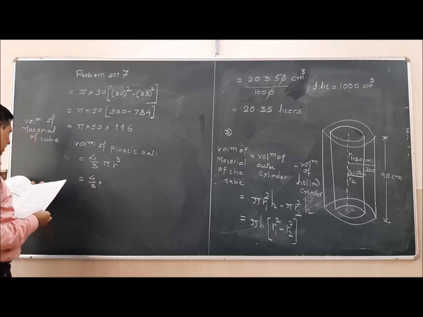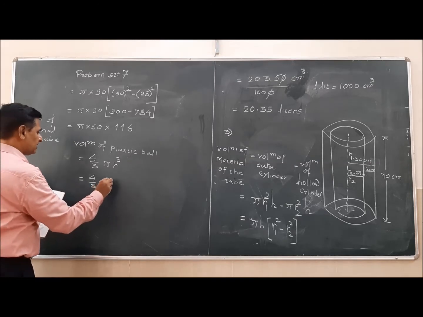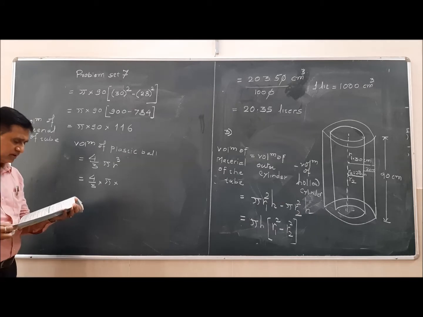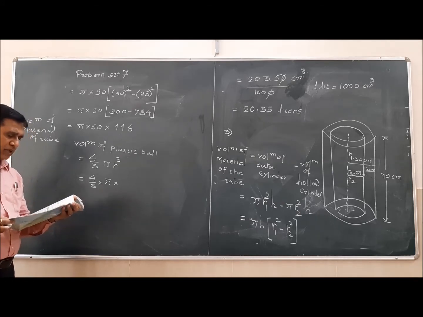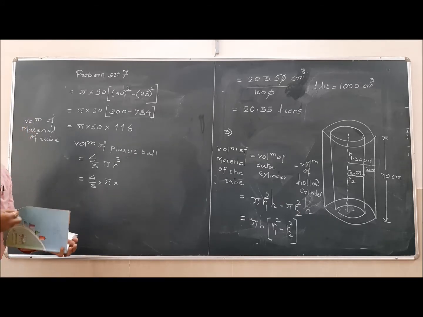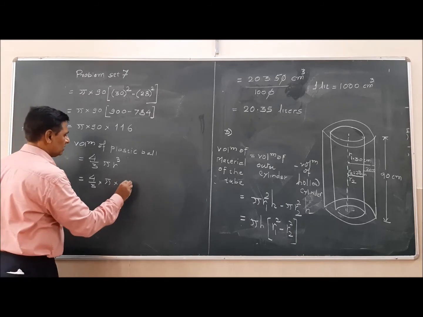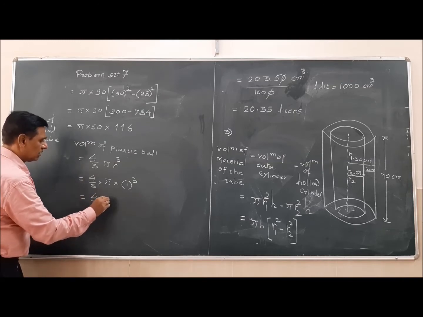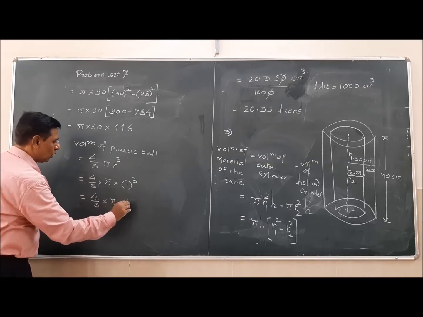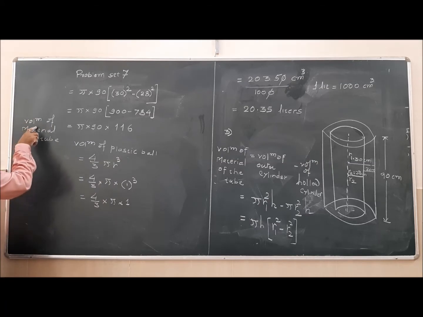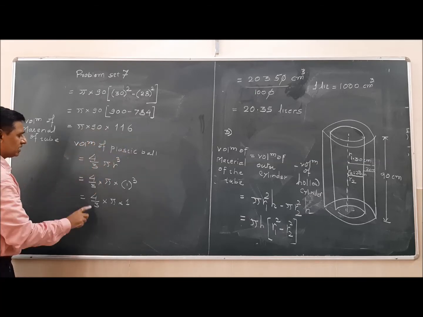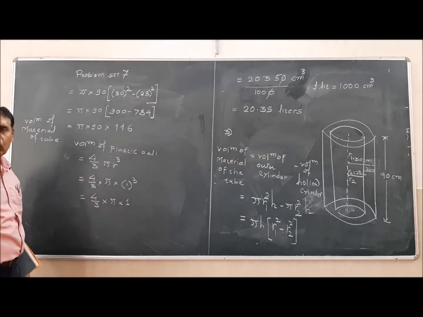Now let's see what the radius of the plastic ball is. You'll find that the plastic balls have a radius of 1 centimeter. So it's very easy, 1 cube. So we get 4 upon 3 into pi into 1. The volume of material of the tube is pi into 90 into 116. The volume of a plastic ball is 4 upon 3 into pi into 1.